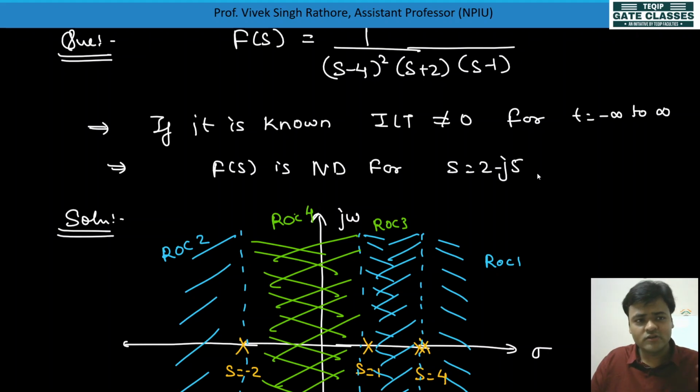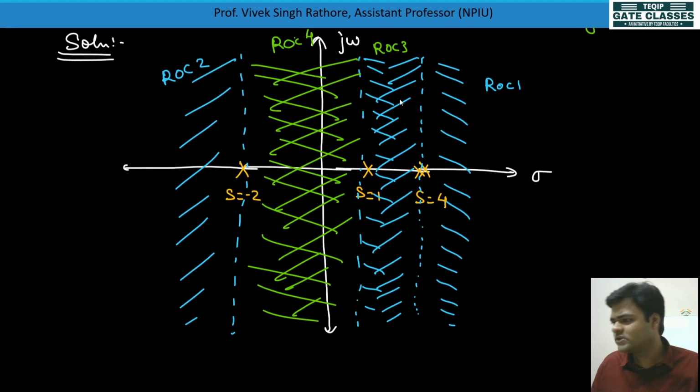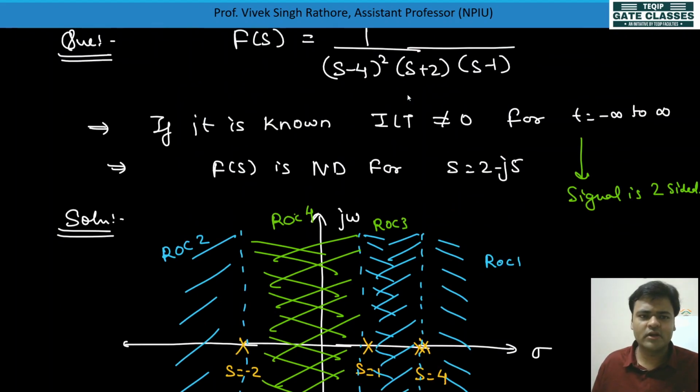But if it is not 0 for t from minus infinity to infinity, this condition says that your signal is two sided. So it means that ROC3 or ROC4 can only happen for this type of signal.